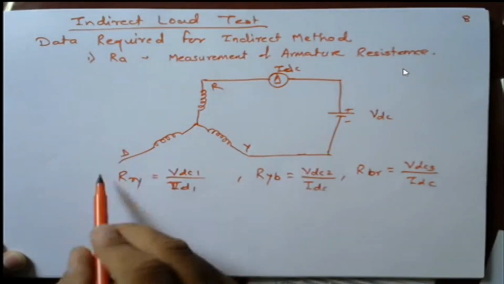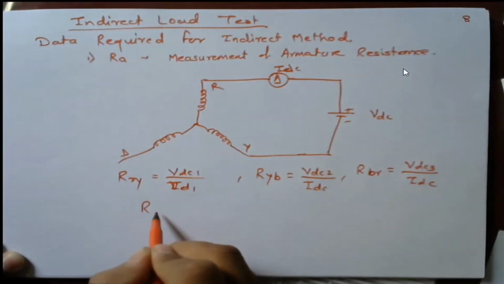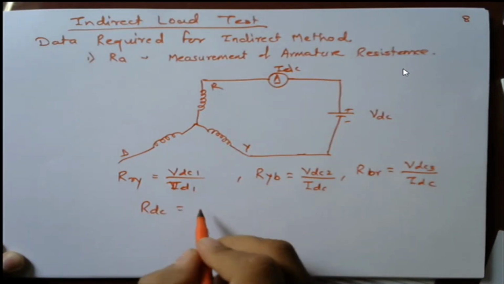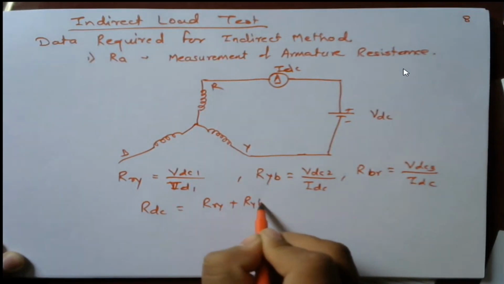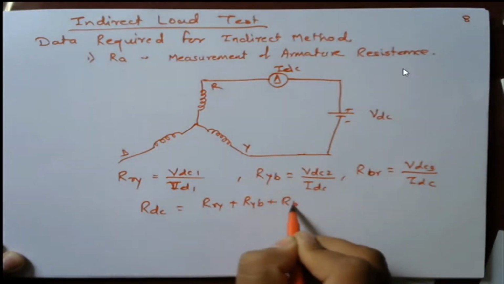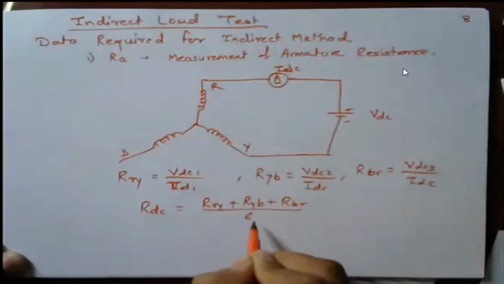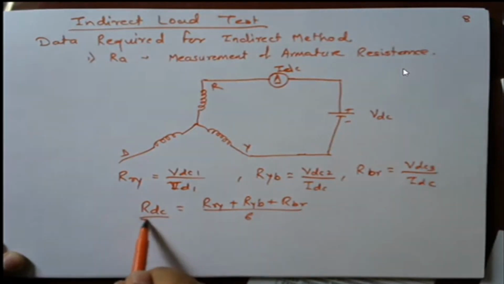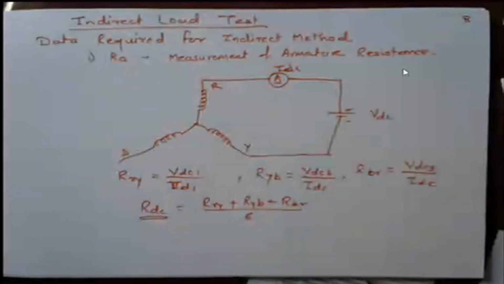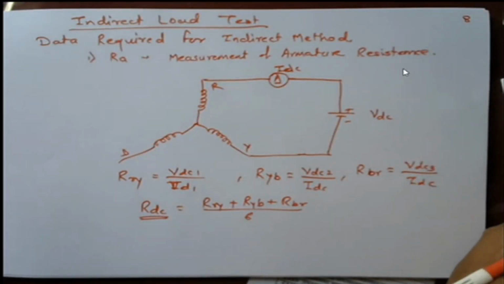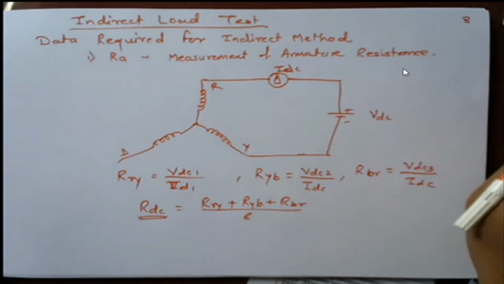Once I get these three values, RDC will be RRY plus RYB plus RBR upon 6. So I will get the DC resistance. But in the case of AC, due to frequency, the skin effect exists.